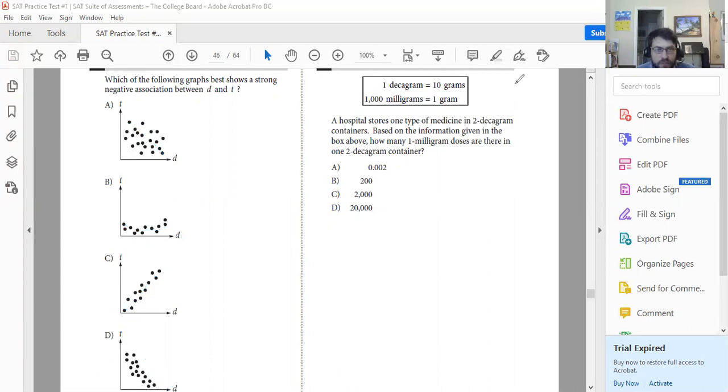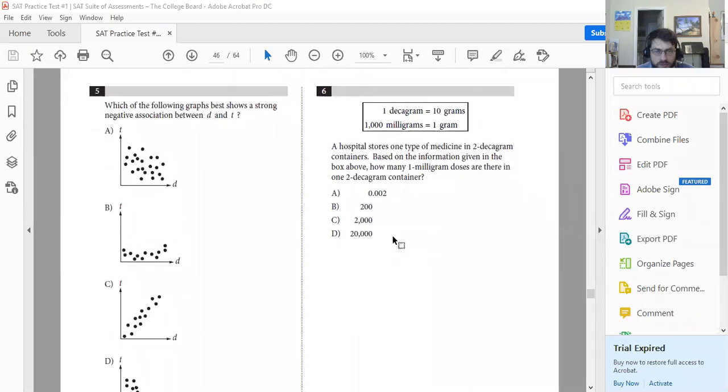We have number 6. A hospital stores 1 type of medicine in a 2 decagram container. We have 1 decagram is 10 grams. Based on the information given above, how many 1 milligram doses are there in 2 decagram containers? This will be a conversion. We have 2 decagrams, our 1 decagram is 10 grams.